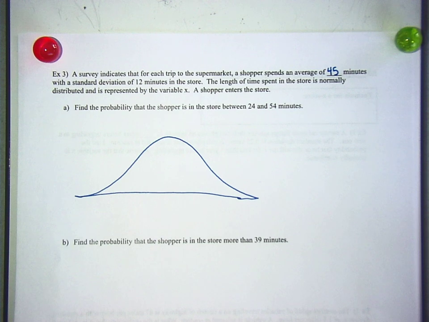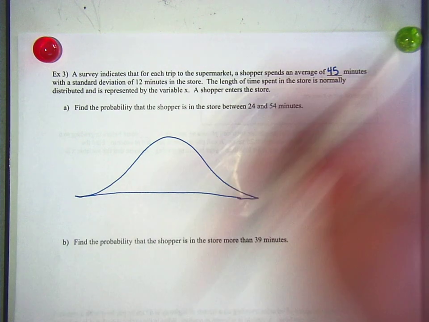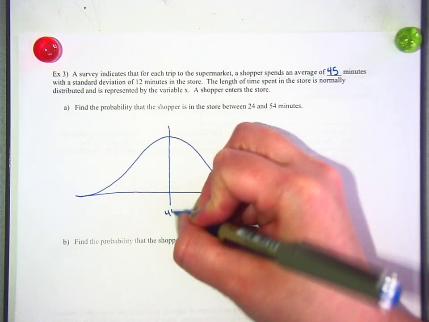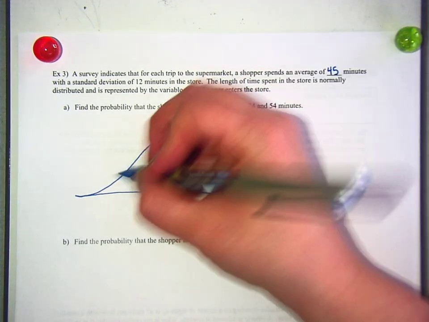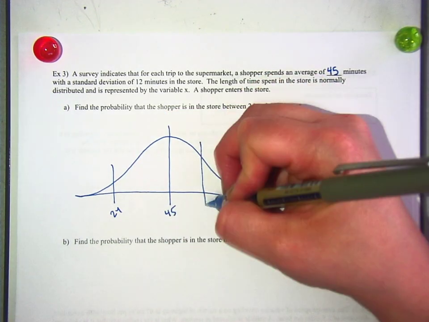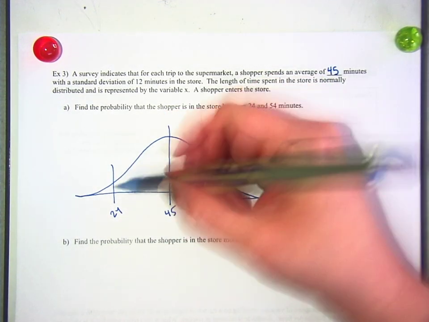Okay. All right. Probability that the shopper is in the store between 24 and 54 minutes. All right, so average is 45? So 24 is probably way over here, and 54 is a little bit closer, about there. We want to go between.